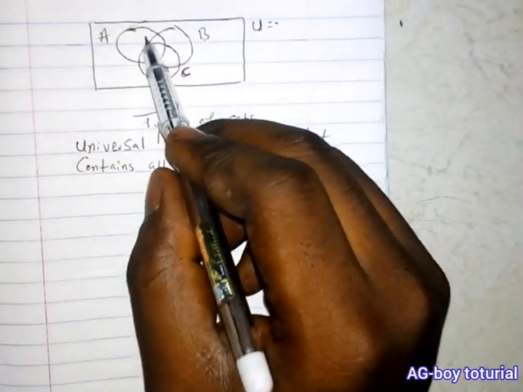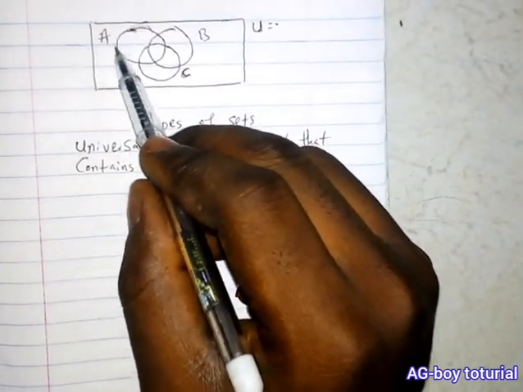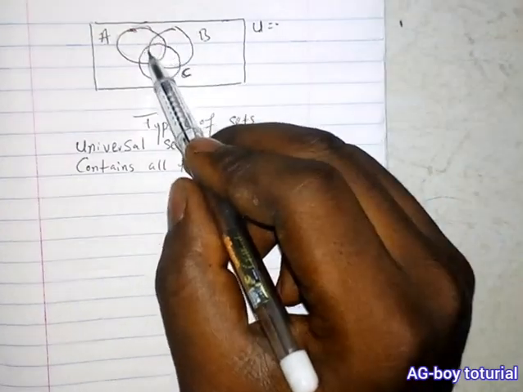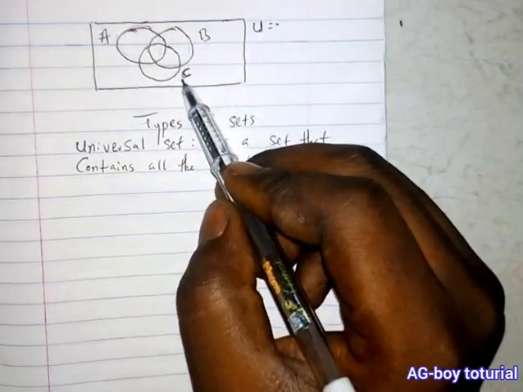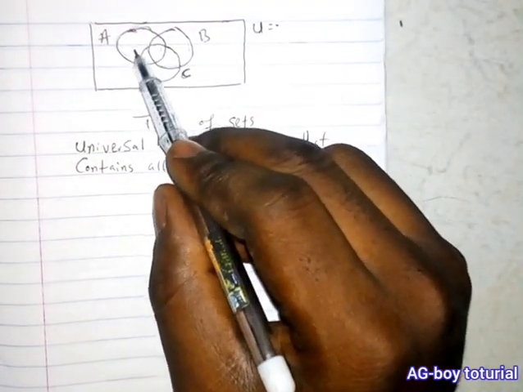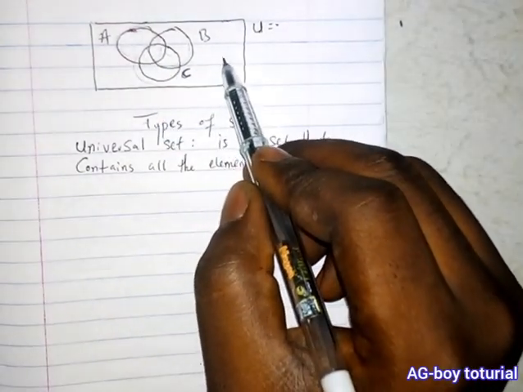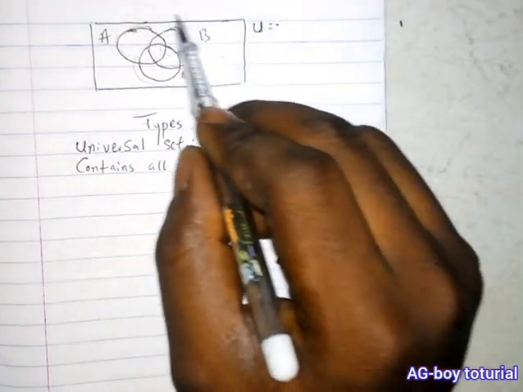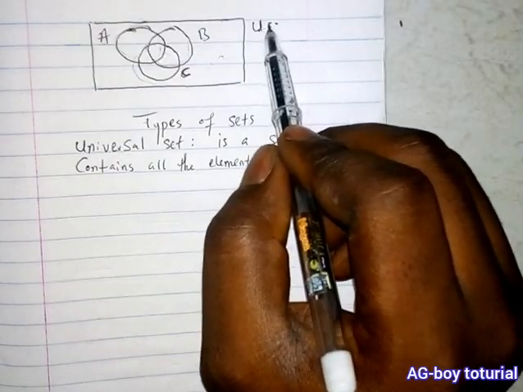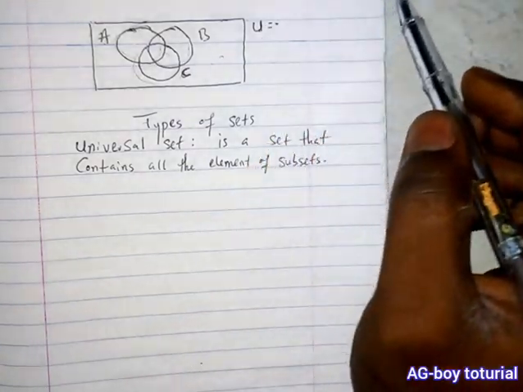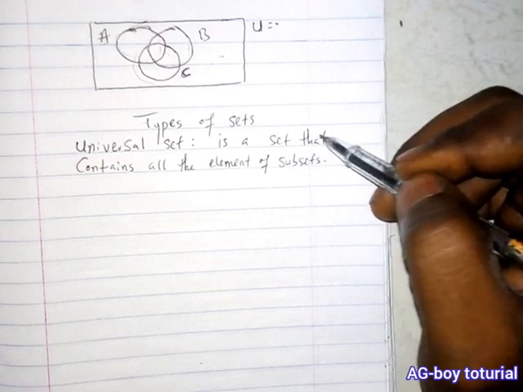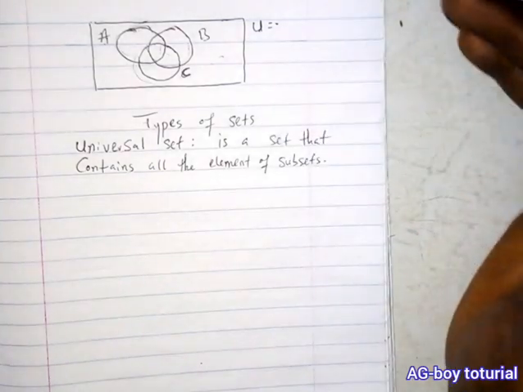These are subsets of this set. A is a subset of this circle, B is a subset of this circle, C is a subset of this circle. So all these branches, even the void that is outside here, as long as they are in this box, they are all in the universal set. So that is what I mean. It is a set that contains all the elements of the subsets.